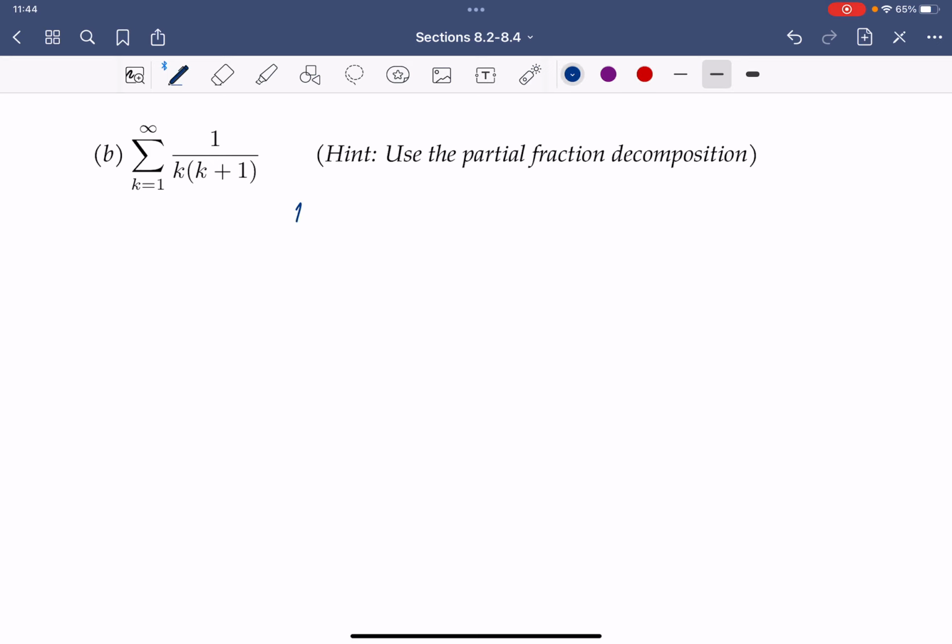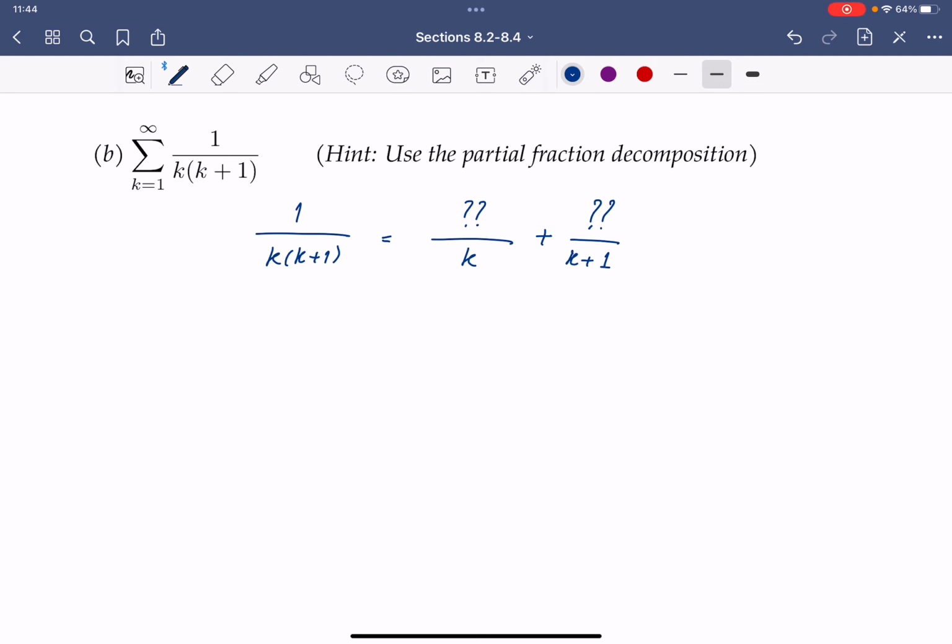Here, 1 over k times k plus 1. This should be something over k plus something over k plus 1. What is going to be the question mark over there? Well, if you can eyeball it, you can say, oh, I know what it is already.